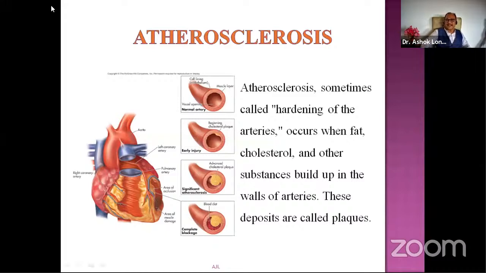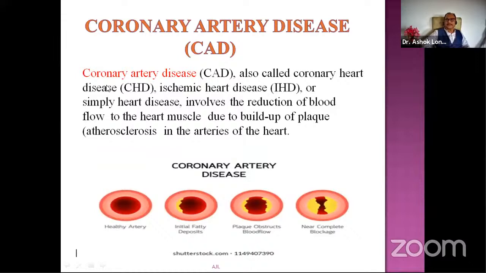It is simply a hardening within the arteries. Now just check the lumen, see what is happening. In the progressive stage, then comes the blood clot. I think everybody knows this atherosclerosis, and we are not going to discuss why and how.